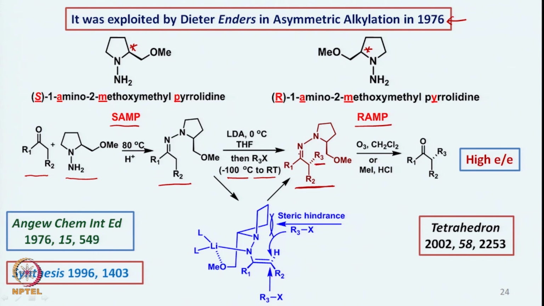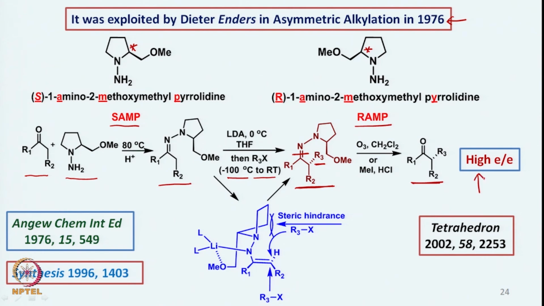Then you need to cleave this by ozonolysis, methyl iodide or hydrochloric acid. Ozonolysis directly gives this one. With methyl iodide, you have methylation on the imino nitrogen followed by cleavage of the ammonium ion, and that gives this ketone, and very high enantiomeric purity of these ketones is seen.